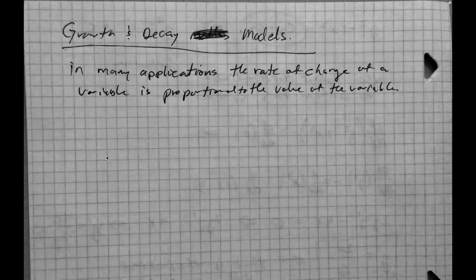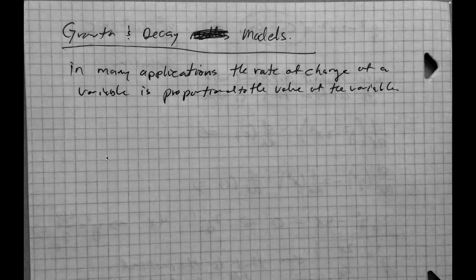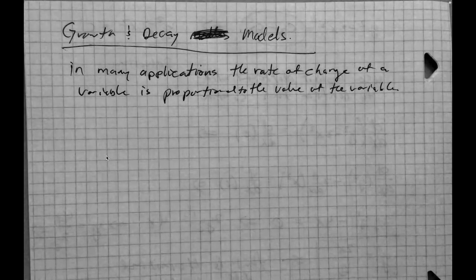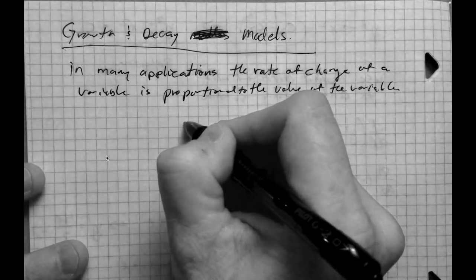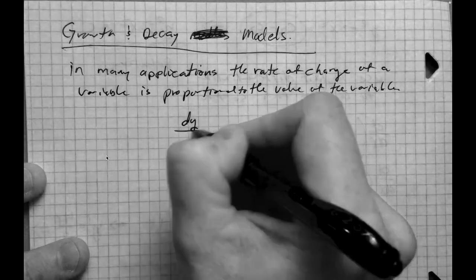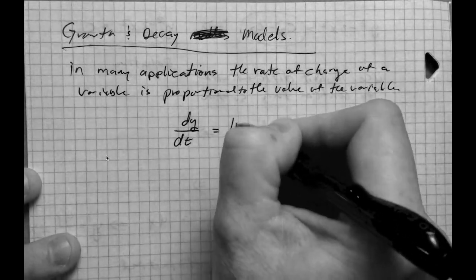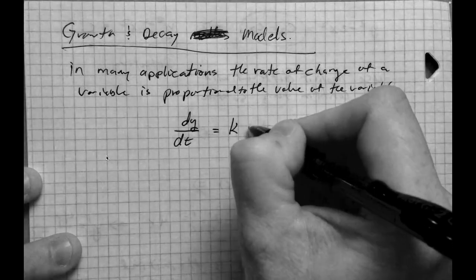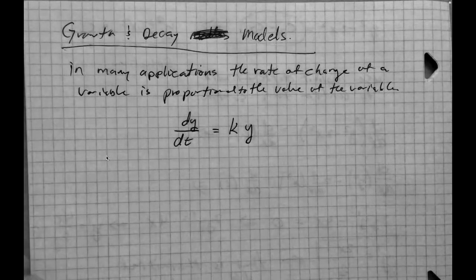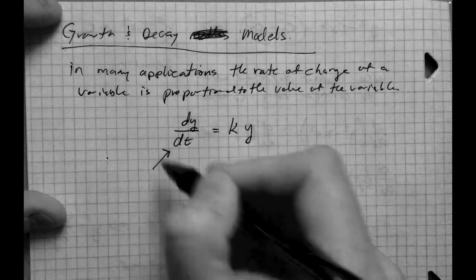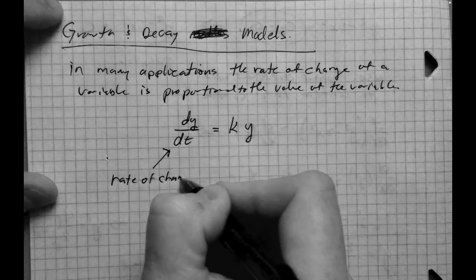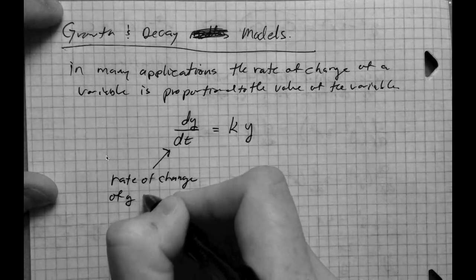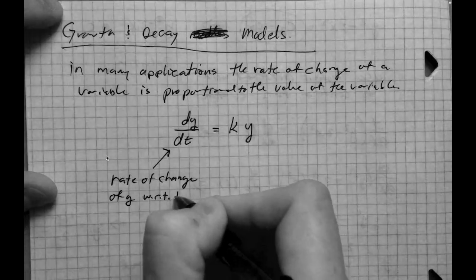When we say rate of change of a variable, what we're talking about is a derivative. And when we say proportional to the value of the variable, what we're talking about is a constant times the variable. A lot of times you'll see things that look like this: dy/dt equals k times y. This side over here is the rate of change of y with respect to time.